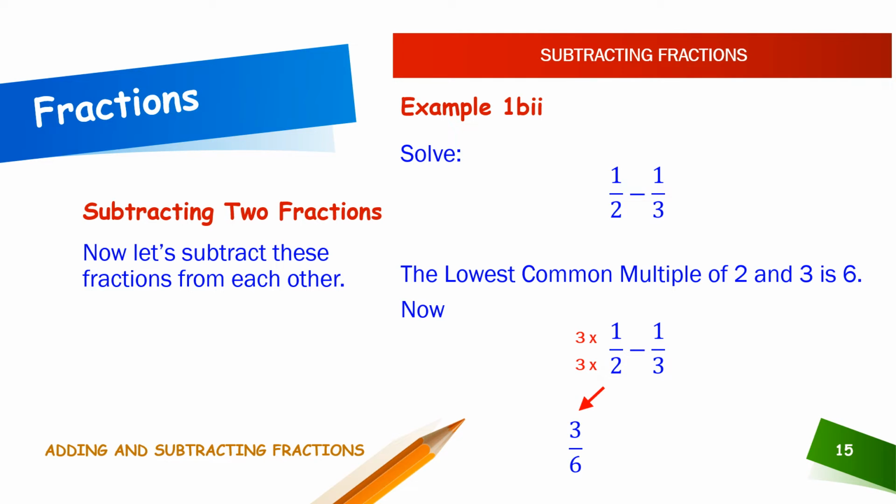Multiply the numerator and denominator of a half by the same number 3 to give a half equals 3/6, and multiply the numerator and denominator of a third by the same number 2 to give a third equals 2/6. Finally, subtract the numerators to give 1 and leave the denominators alone to give 6.